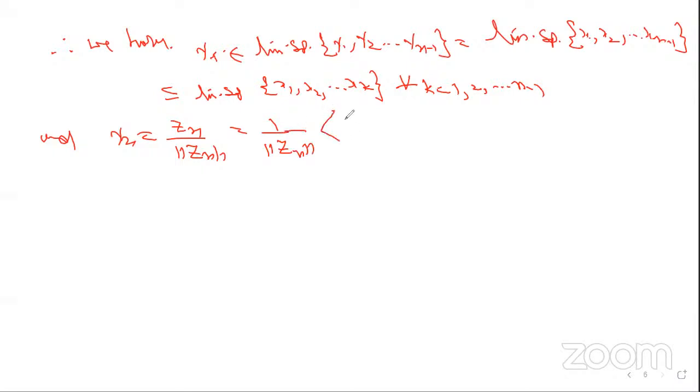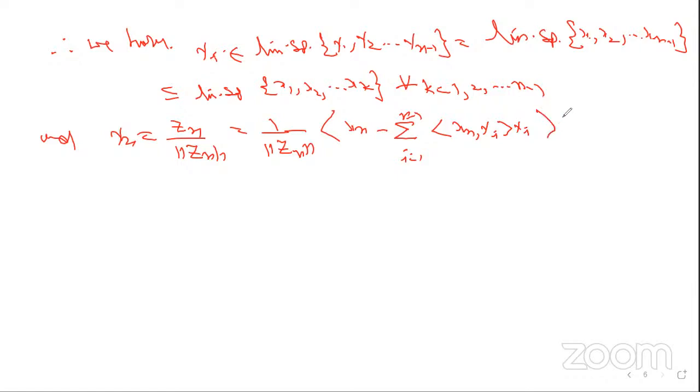Inner product of xn minus the sum over i equal to 1 to n minus 1 of the inner product of xn comma yi times yi.